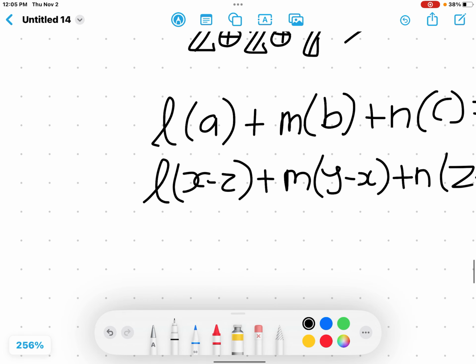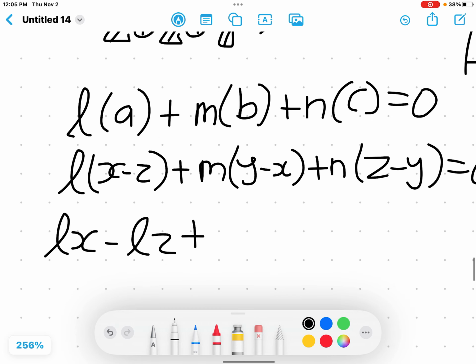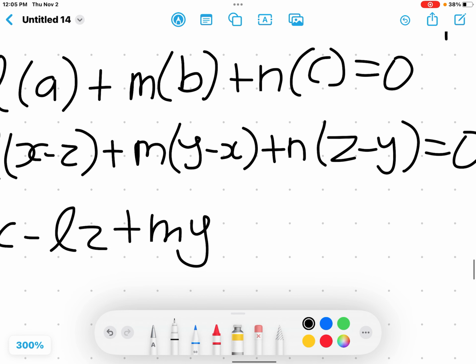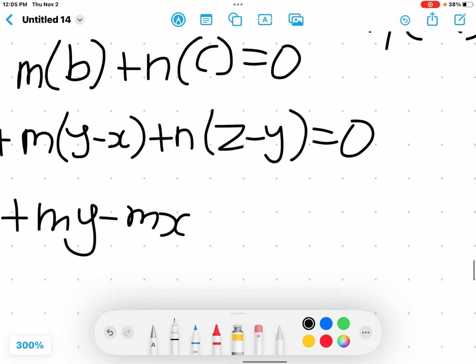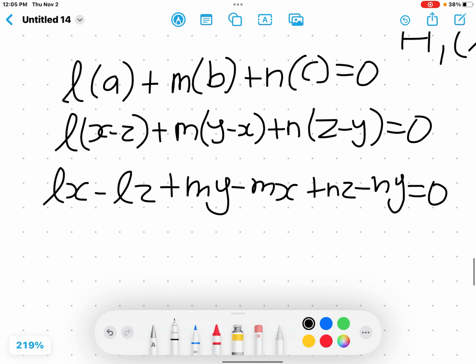And then you can expand this out, lx minus lz. I know this is gonna be a boring part. You guys can skip it if you want. My minus mx plus nz minus ny equals 0. And then we can group together like stuff.